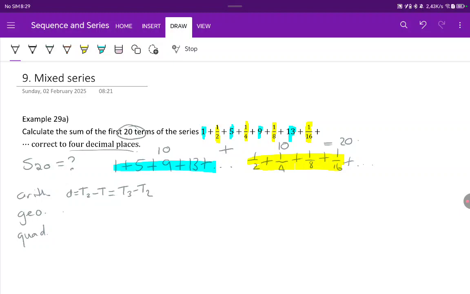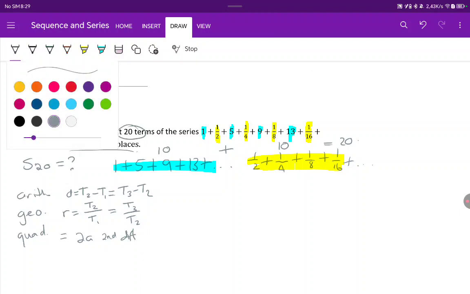Geometric is going to be r equals term 2 divided by term 1, which equals term 3 divided by term 2. So before we continue, we're going to do quadratic. Quadratic, we know that we have 2a as the second difference. Let's check.